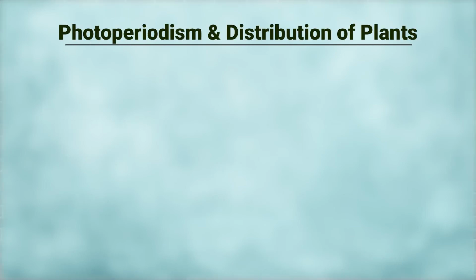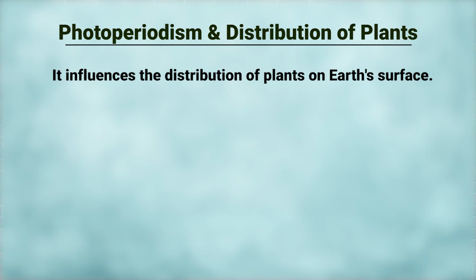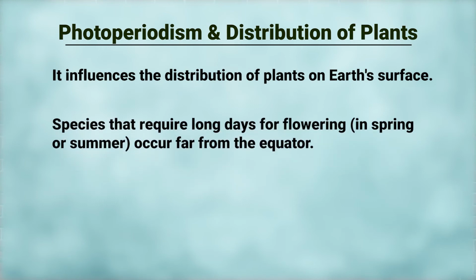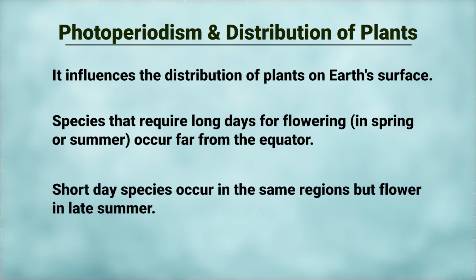Photoperiodism and distribution of plants. It influences the distribution of plants on Earth's surface. Species that require long days for flowering, that is in spring or summer, occur far from the equator. Short day species occur in the same region but flower in the late summer.